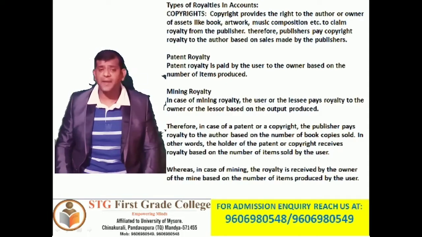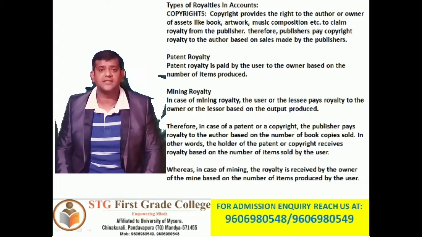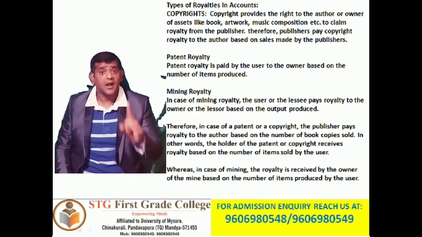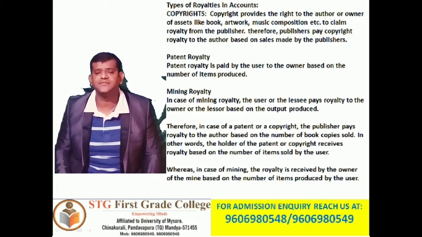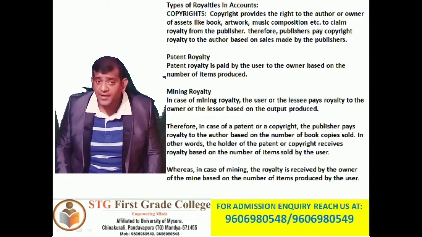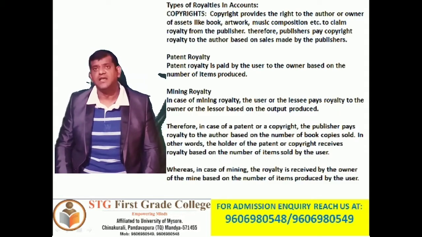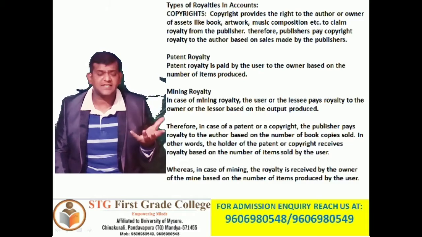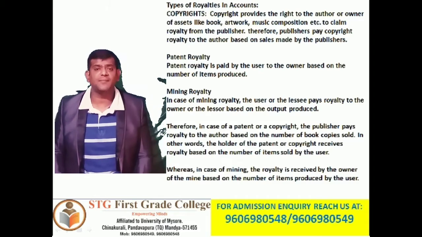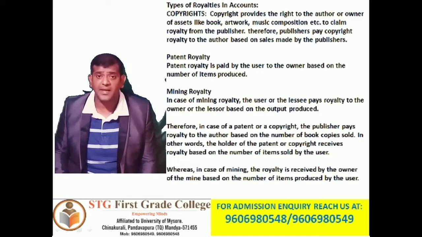Next is patent royalty. Patent royalty is paid by the user to the owner based on the number of items produced. On the basis of the number of items produced, we consider patent royalty. Patent we can say is usage of some combination of formulas or some combination of chemicals.